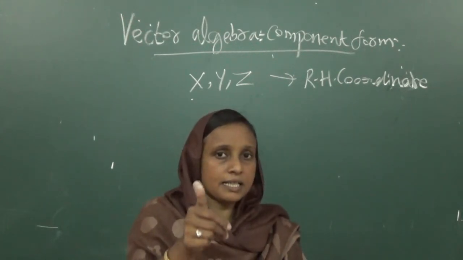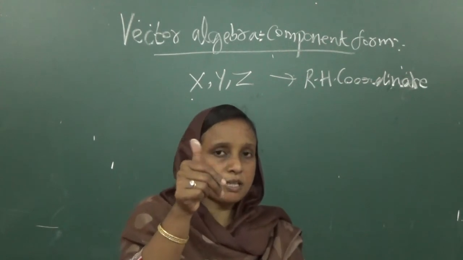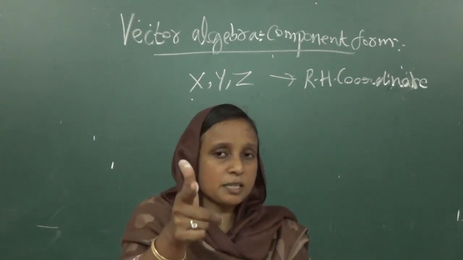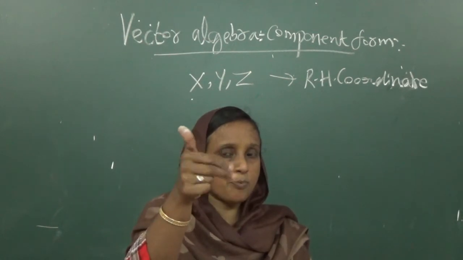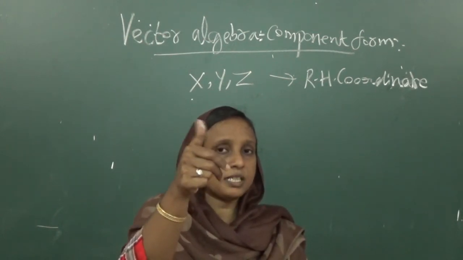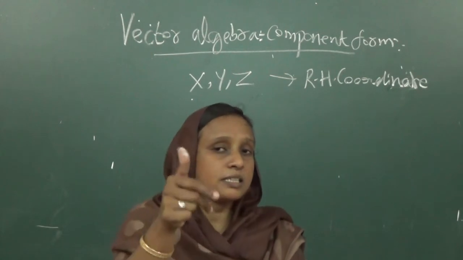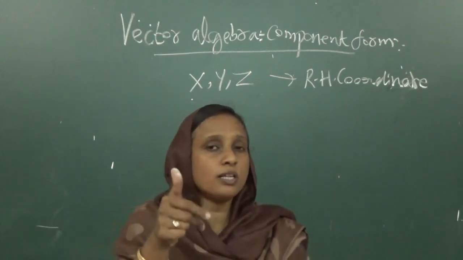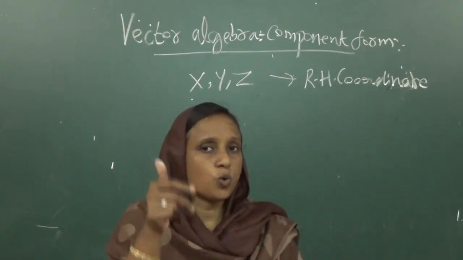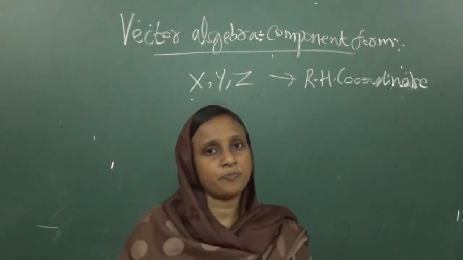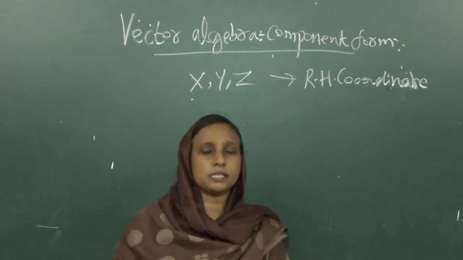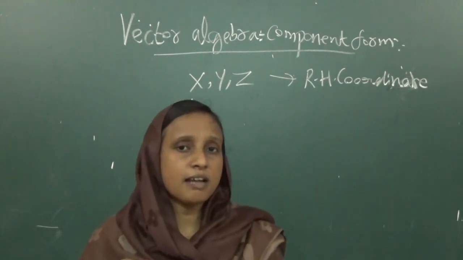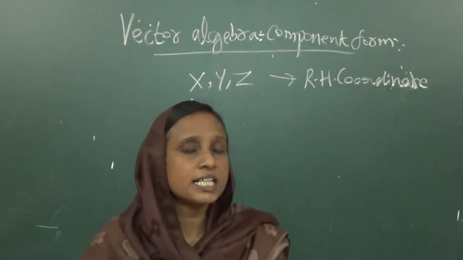In this context, if the thumb represents the z-axis, this represents the x-axis and this is y. So x to y, swipe like this, then z is along this direction. So here we describe our coordinate system as a right-handed Cartesian coordinate system.